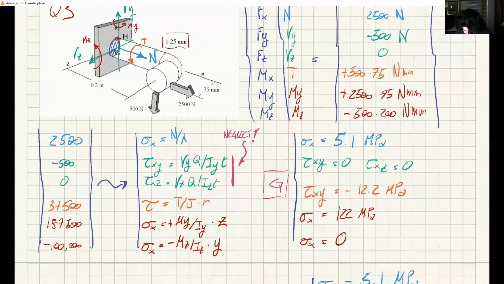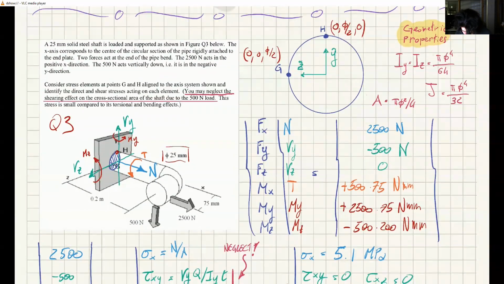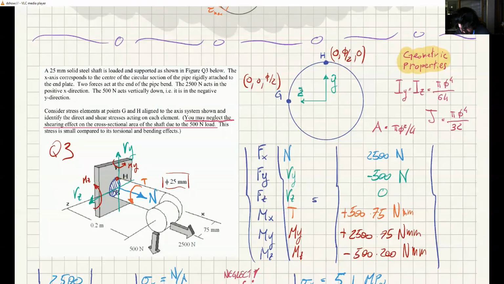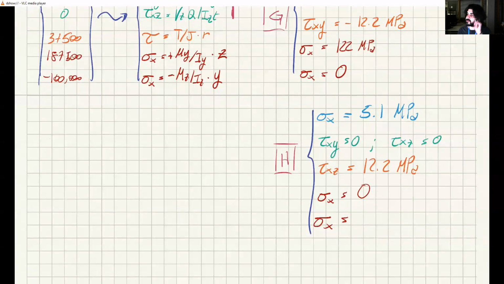So negative, negative, positive. It's y. The y coordinate of H is this one. So in the end, we should get 65.2 megapascal according to the solution.